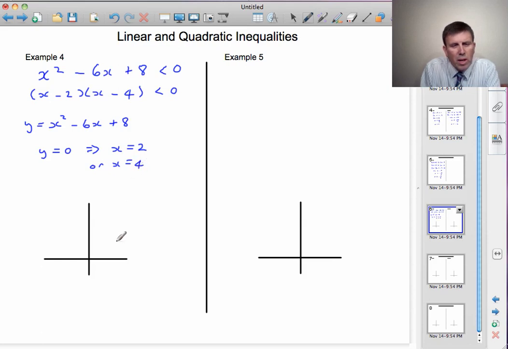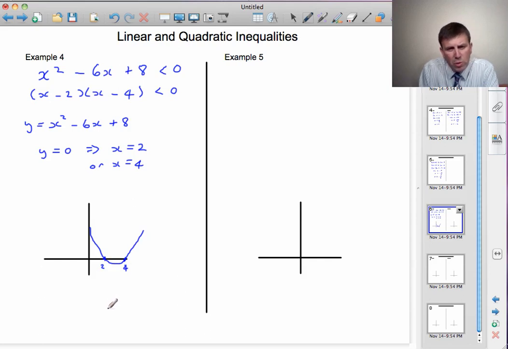That's going to tell me where the graph cuts the x-axis. So I can mark on the point 2 and the point 4. I know this is a quadratic with positive x squared, so the graph comes down like that and goes back off to infinity.